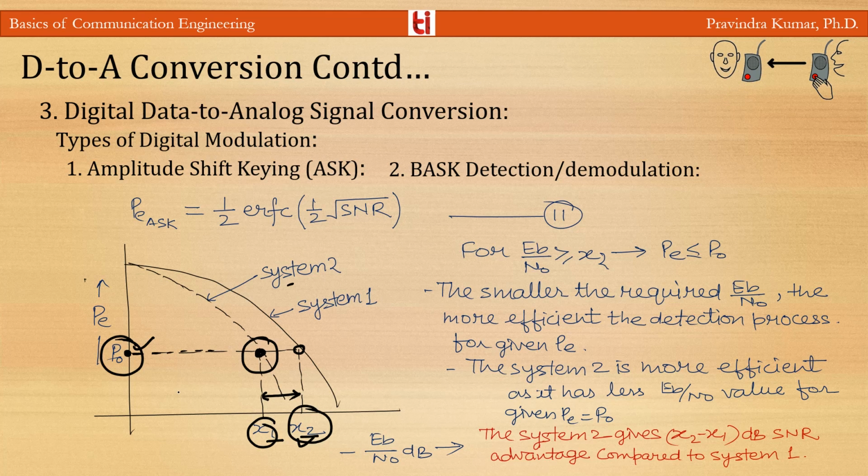The ASK technique is used to transmit digital data over optical fiber. Whenever it is 1, we send light from a light emitting diode or laser diode, and when it is 0, no light is transmitted through the optical fiber. This is how the modulation is done.